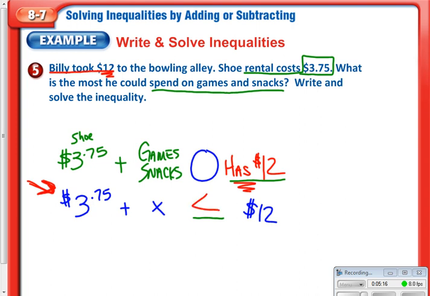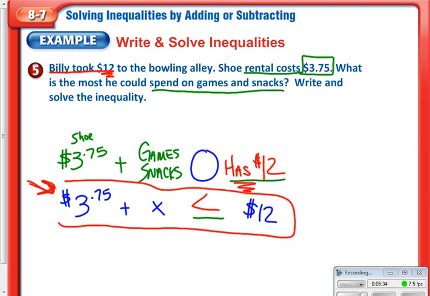So less than or equal to. That's the thought process you should take in order to solve. Talk yourself through what the left side and the right side mean. The left side is determining how much money we can spend. Well, you only have 12 bucks, so you can't spend any more than that. So here would be part of our answer, our written inequality.